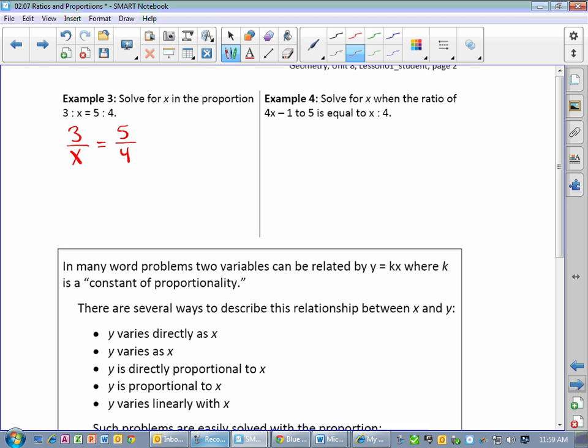Notice the first number is the numerator, the second number is the denominator. Now we cross multiply, so 3 times 4 gives us 12. X times 5 gives us 5x. And now we can solve that equation by dividing by 5. So x must be 12 over 5, 12 fifths.